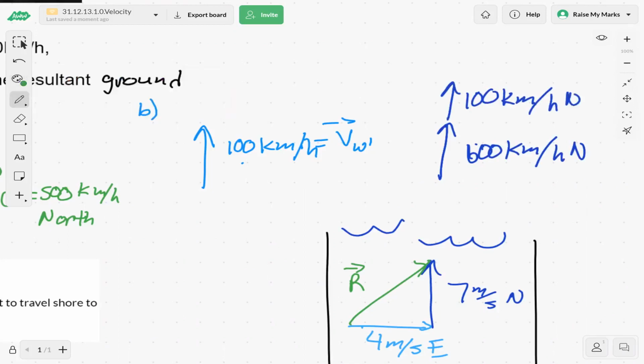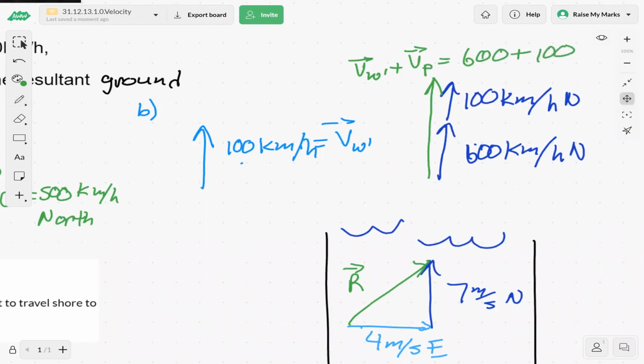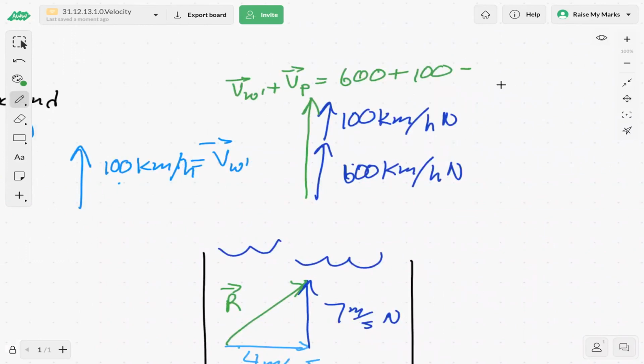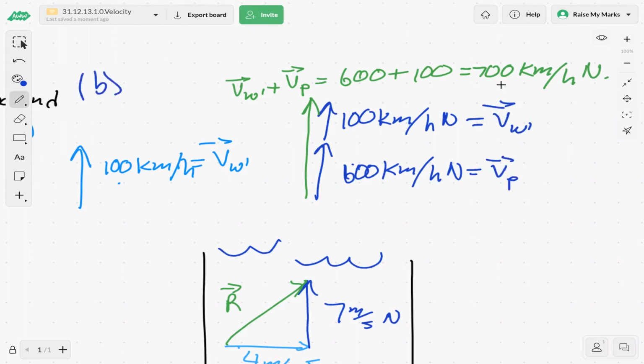So our resultant vector, which is VW prime plus the velocity of the plane, is 600 plus 100, or 700 kilometers per hour north. Good. So the wind in this case is actually helping the plane. Just labeling everything. There you go. And that's part B.